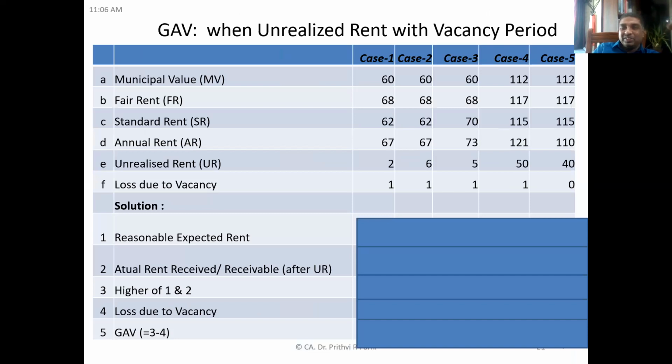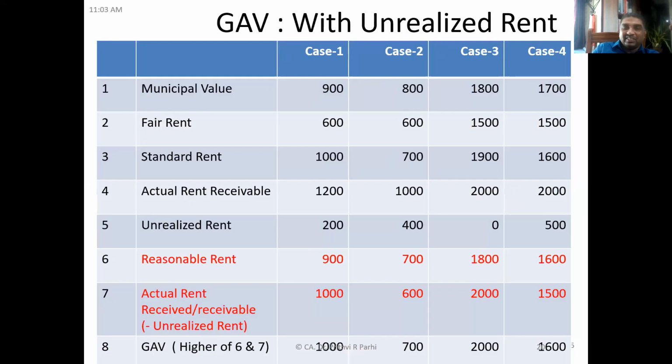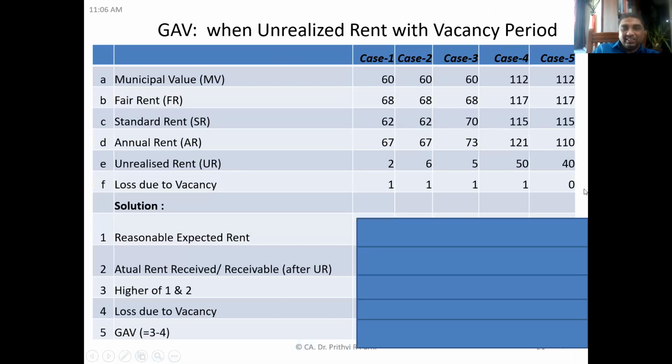Now in these questions, I had not taken vacancy allowance. And you know, vacancy allowance, I repeat, has to be adjusted after arriving at the gross annual value after comparing. Now let us see a question with vacancy allowance. Very easy question, but you have to keep in mind the concepts which have been taught to you.